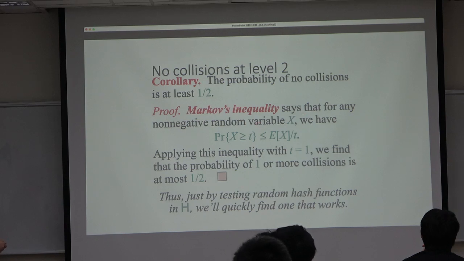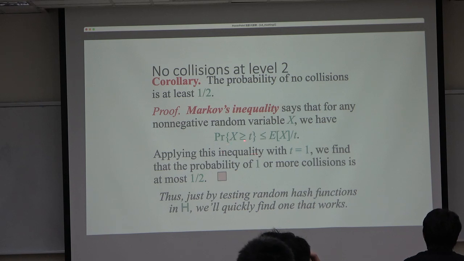For any non-negative random variable x, the probability that x is greater or equal to t is less or equal to the expected value of x divided by t. This has been proved to be the Markov inequality. So we make use of this inequality and set t to be 1.